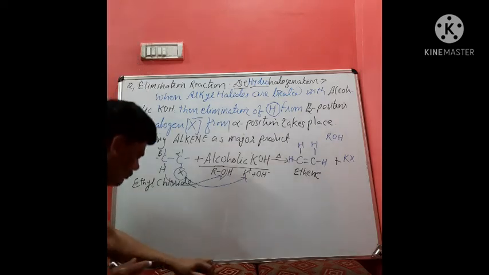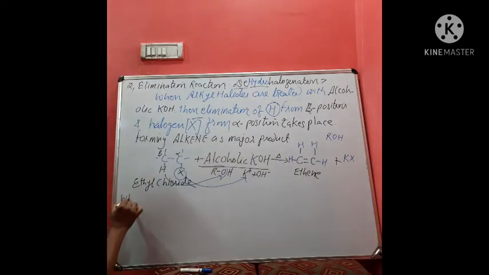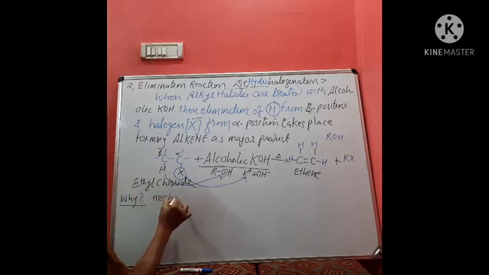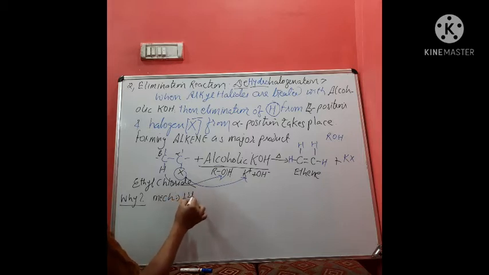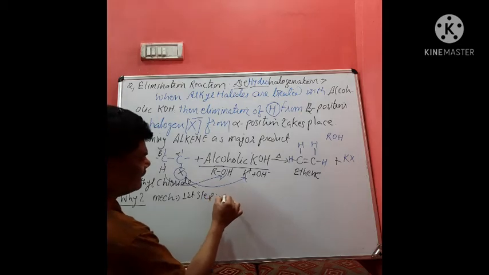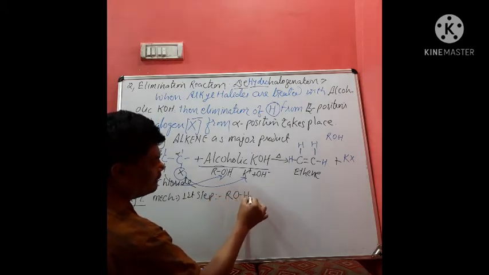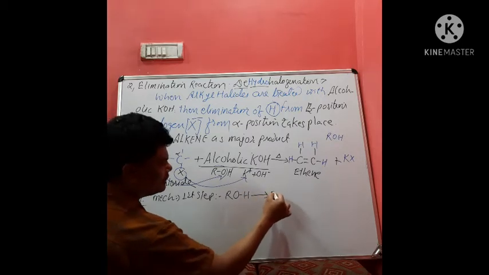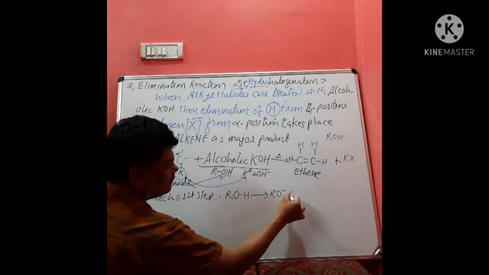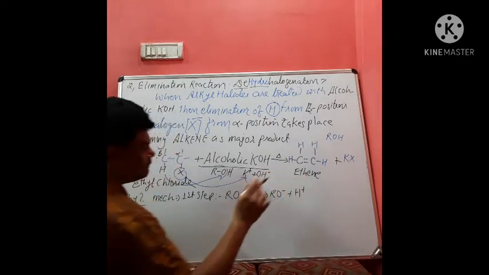Now why did this happen? So here we have to check the mechanism. First step: alcohol, I am directly writing without using words, ROH, on ionization produces RO anion plus H cation.